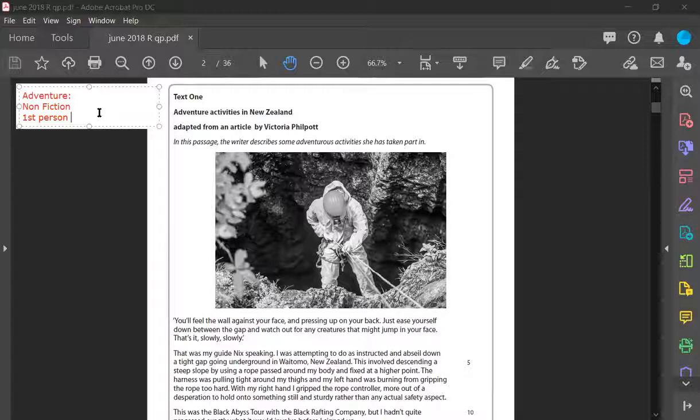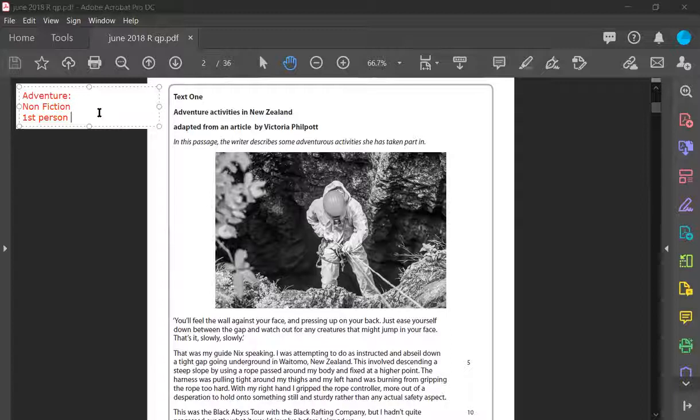When I say that was my guide, Nick speaking, I was attempting to do as instructed and abseil down a tight gap going underground, what is this? This means that I am doing it. The moment I read this, I become the character. So now I feel that I have become the writer and I am feeling everything that she is feeling. I feel that I am doing everything that she is doing.